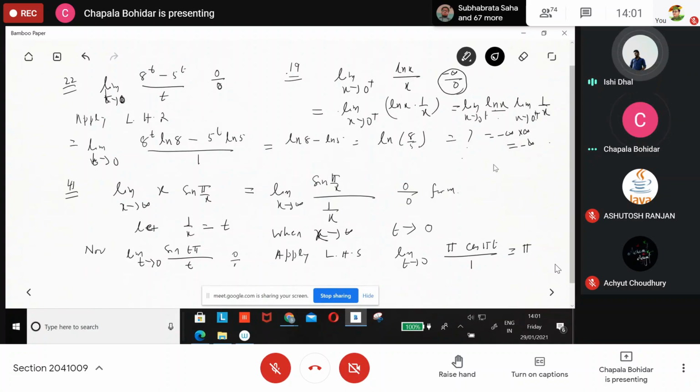Ma'am, for the semester, are this assignment question and classwork questions sufficient, or do we have to practice extra questions? Extra questions means the examples. You should see all the examples, not only those solved in class, because it is not possible to solve all examples inside the classroom.